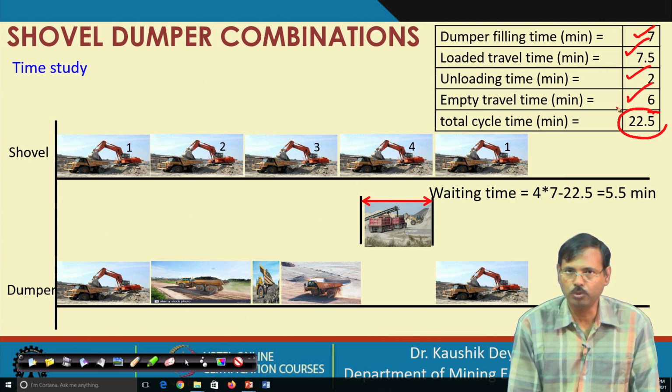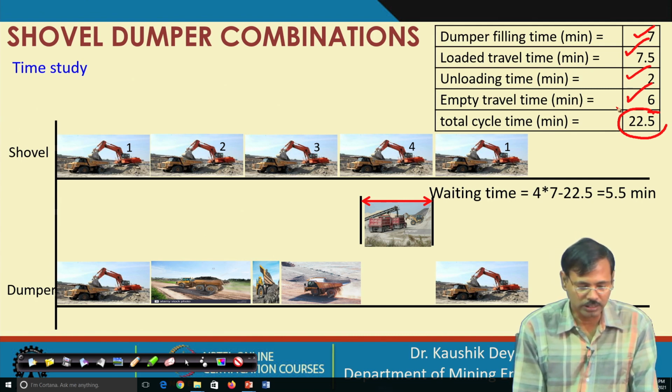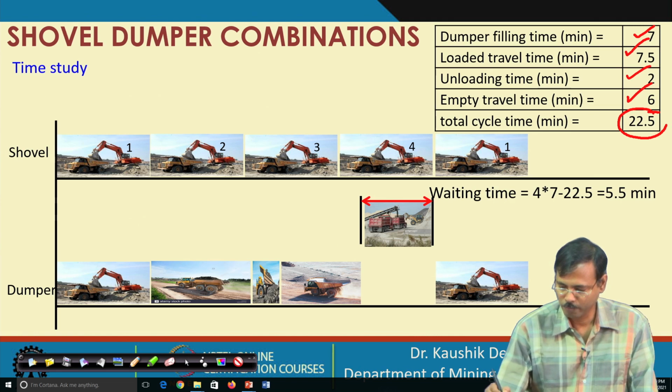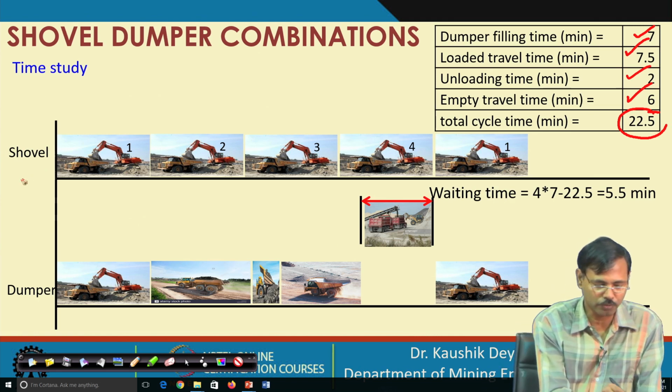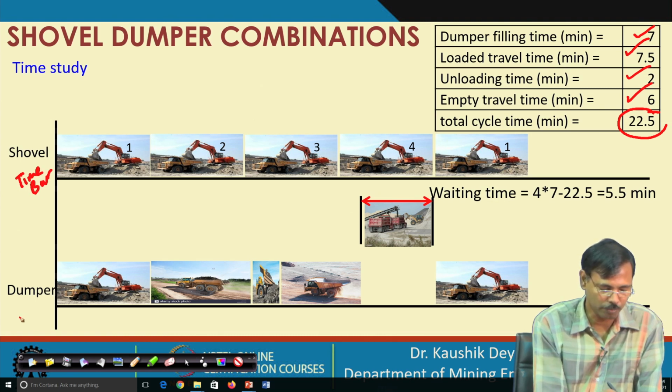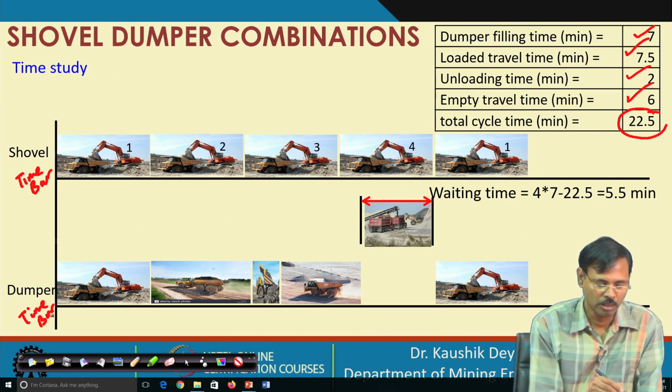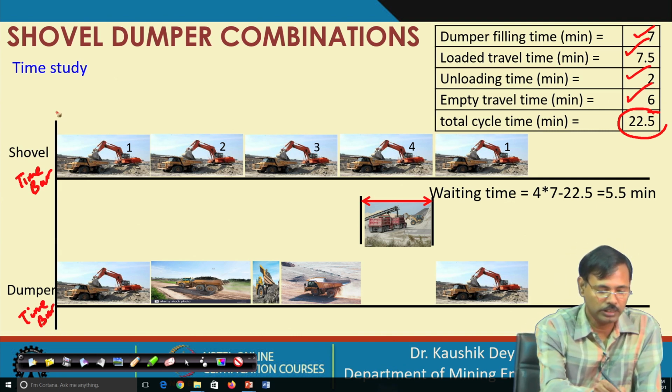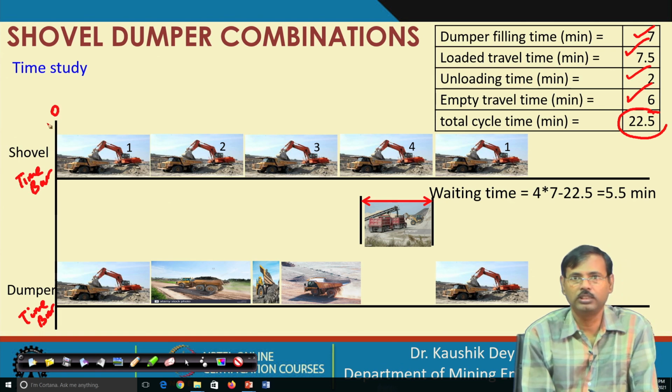For this, we have to look into the cycle time of the shovel. Now, let us consider this time bar for the shovel, and this is the time bar for the dumper. Let us consider t equal to 0, from which we are starting our time study.